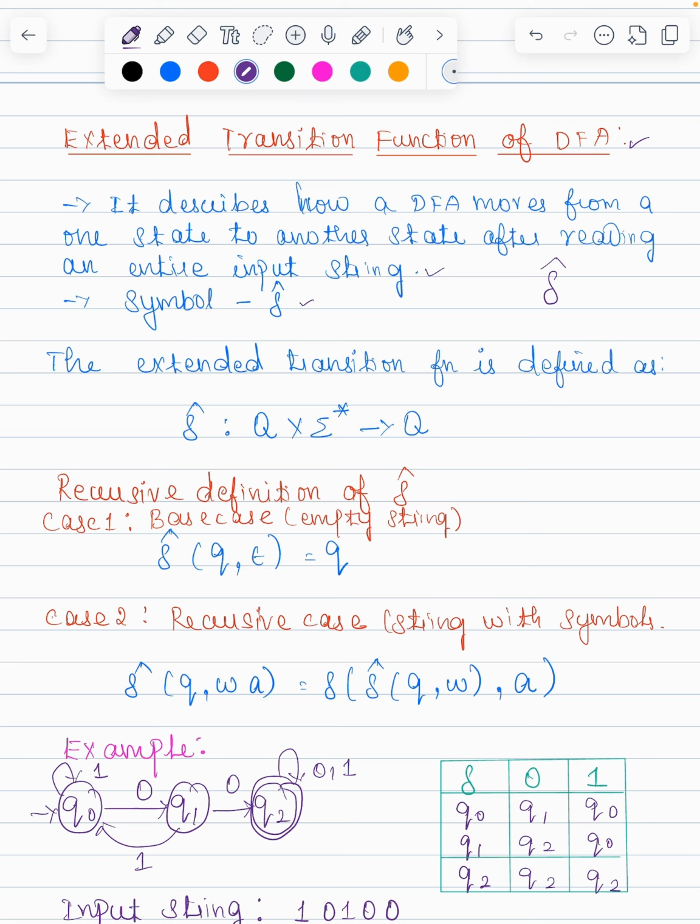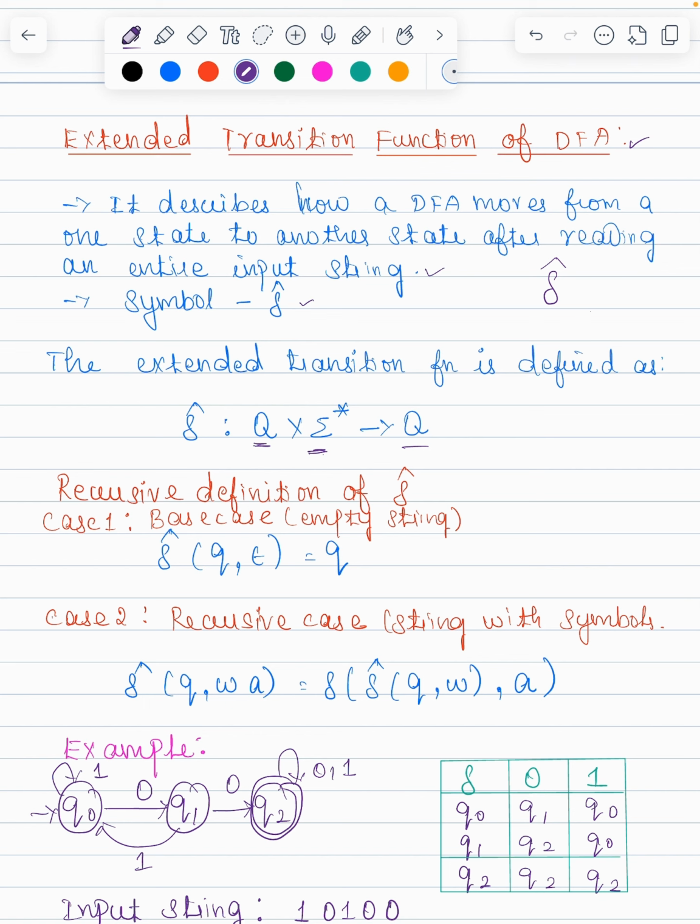We express the extended transition function as delta cap: Q × Σ* → Q, which means, given a state and an input string, because sigma indicates the input symbols, the function returns the final state reached after processing the entire string.